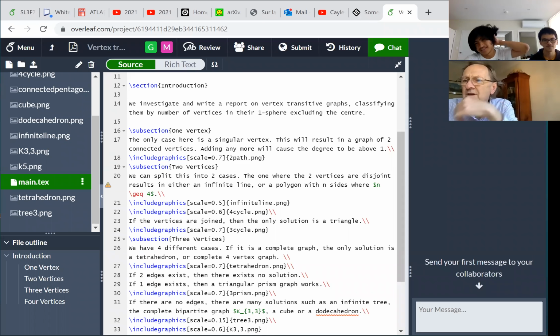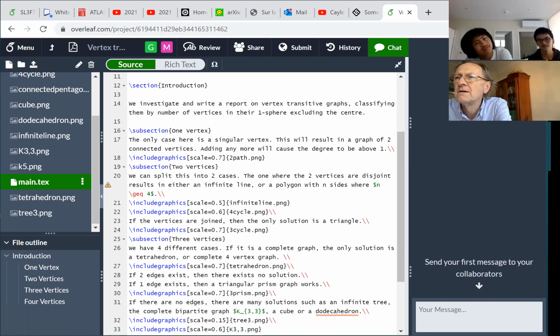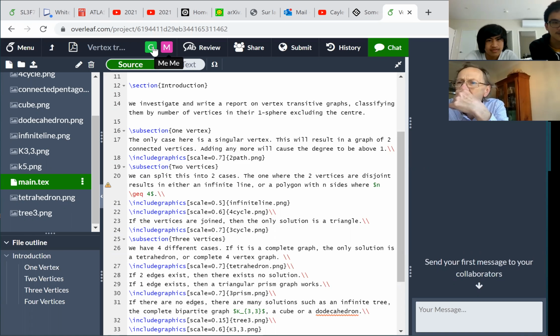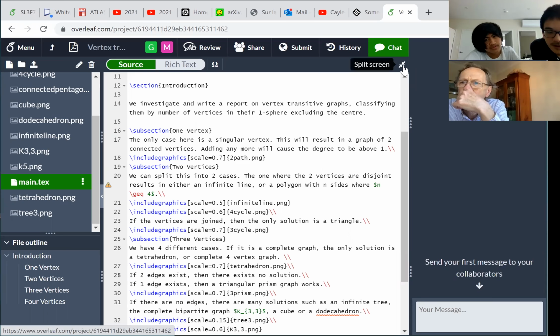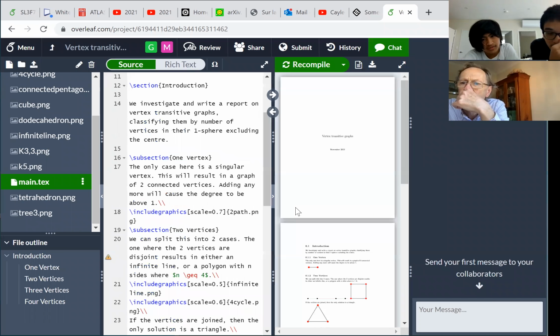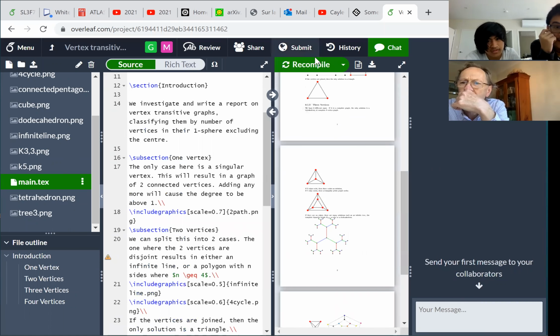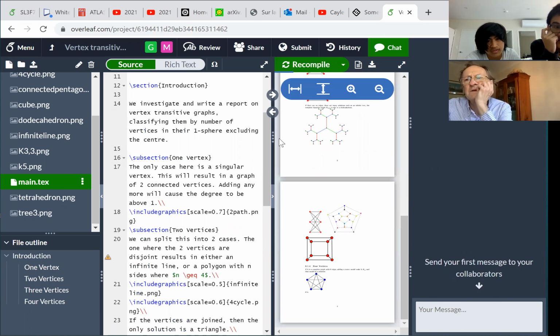Can you get rid of the messages? How do you close messages? Alright, that's the screen. Recompile. There we are. That's it. Let's make that bigger.